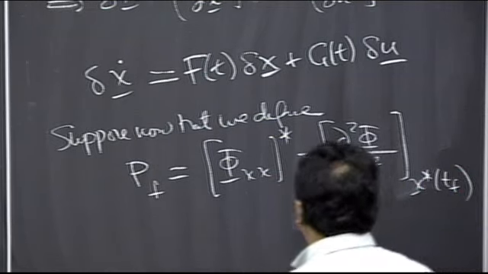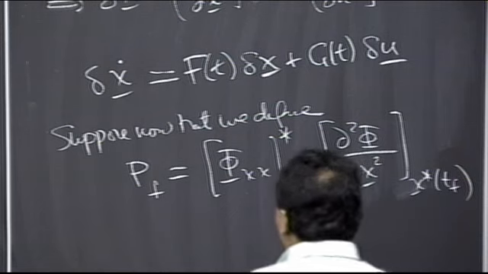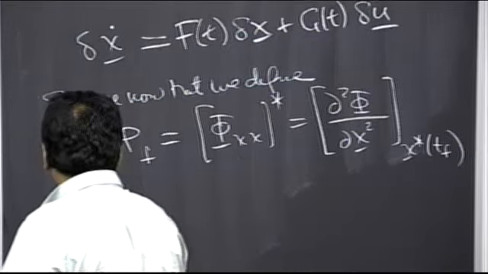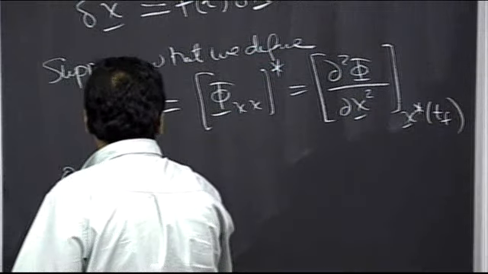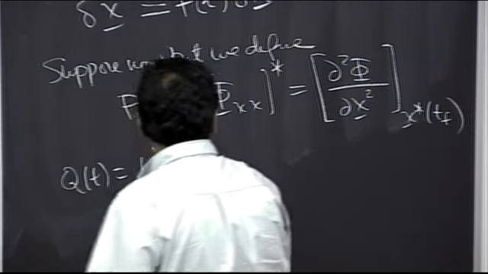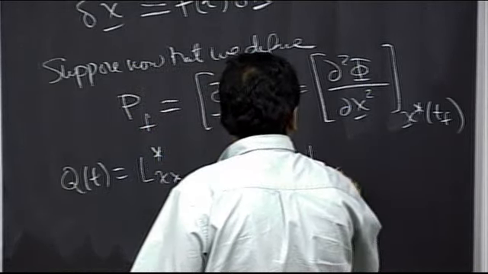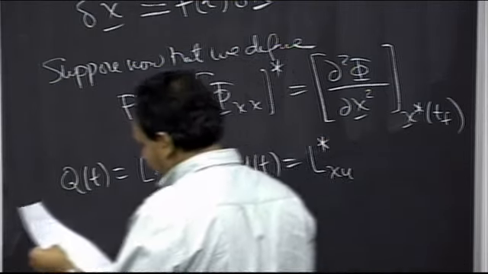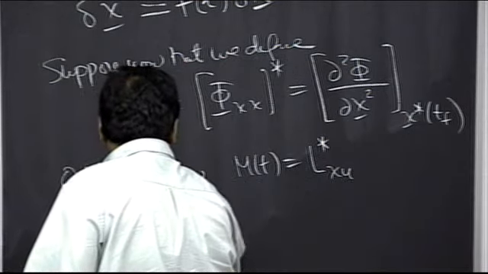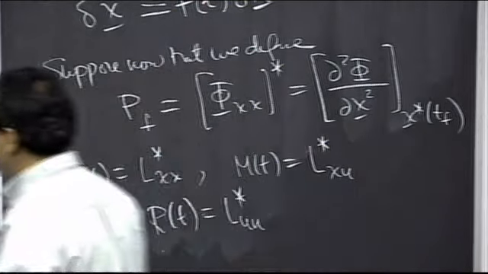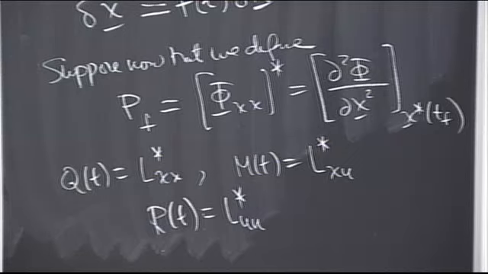It's the final value. And I'm also going to make some other substitutions here. Q of t is going to equal L_xx star. M of t is going to equal L_xu star. And then R of t is going to equal L_uu star.